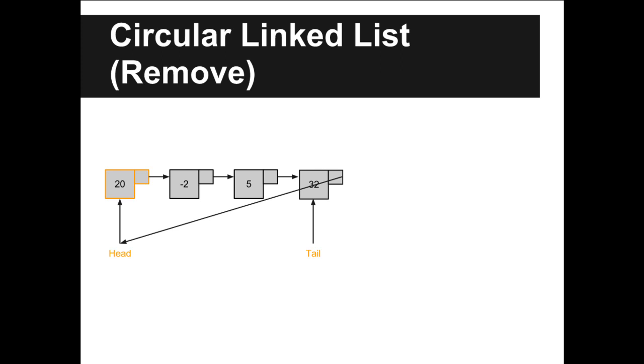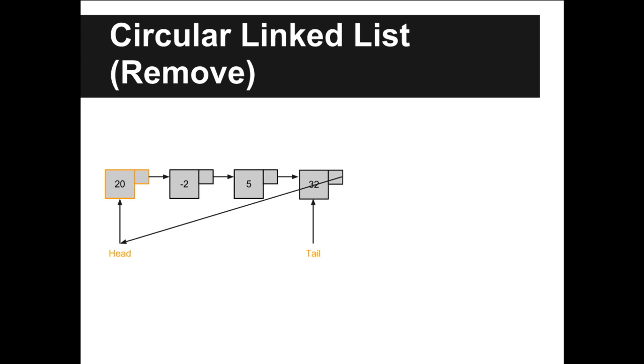If it was a doubly circular linked list, then looking at tail would be sufficient, and we could just do some pointer manipulation to get to our goal. But here we have to start from the head and see if we are seeing the node at the tail of our linked list or not.